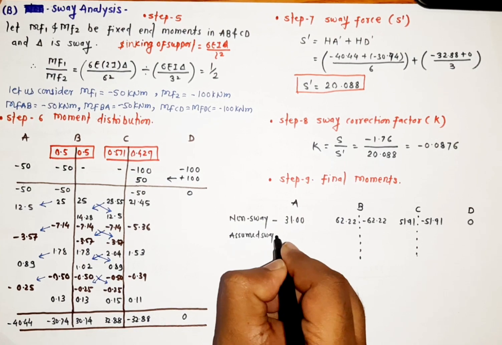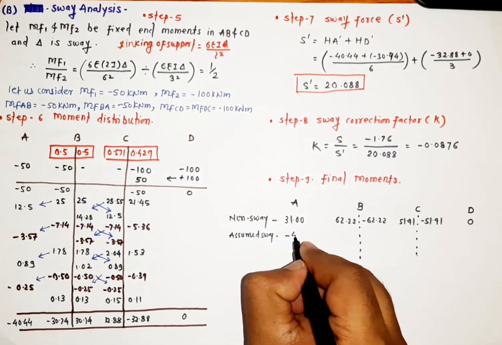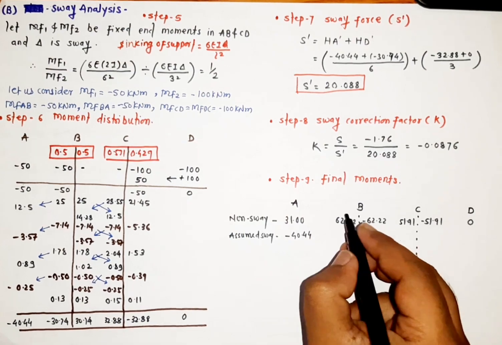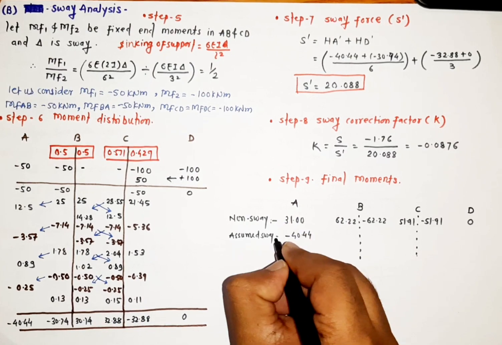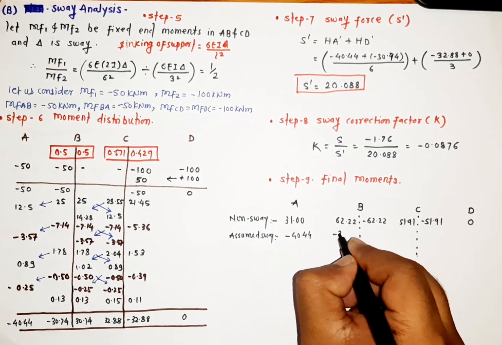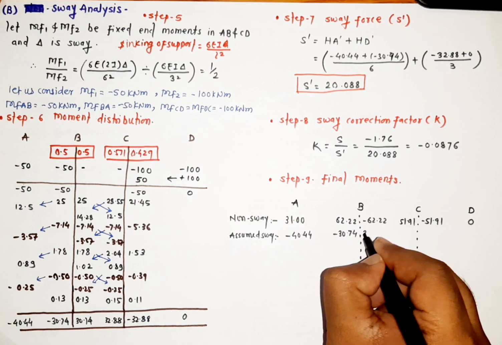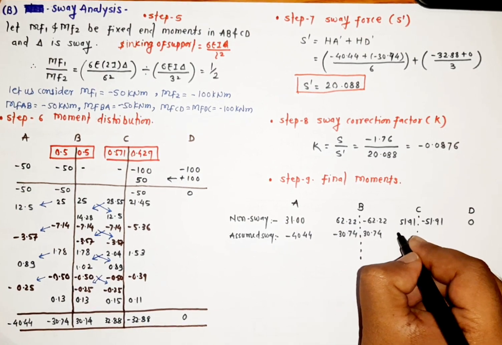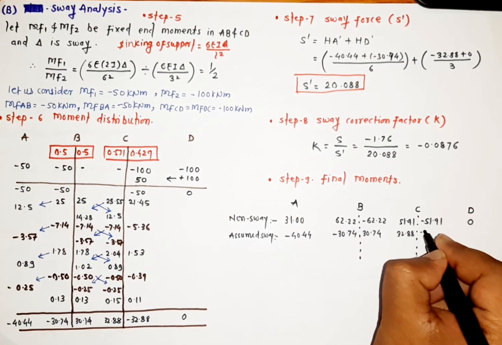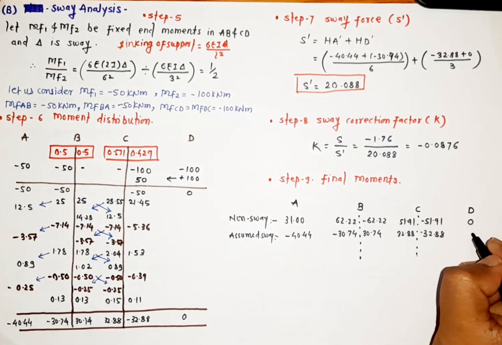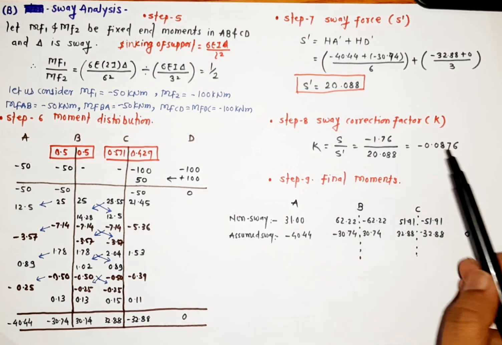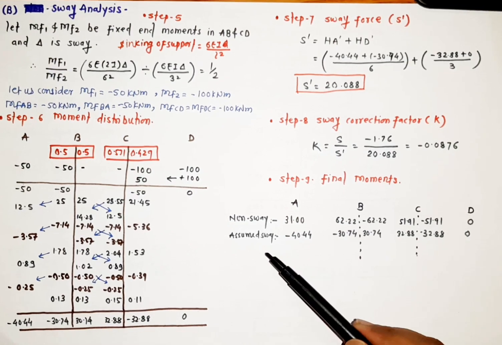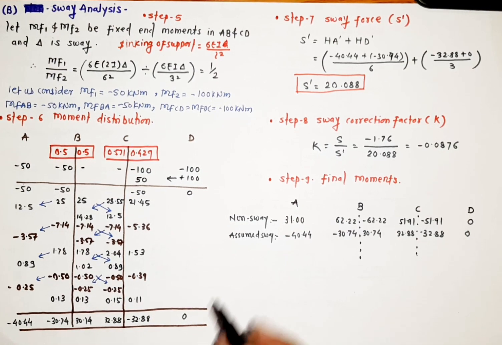We write down the same values, that is minus 40.44, minus 30.74, then 30.74, then 32.88, minus 32.88, and this is 0. Now what we have to do is multiply this assumed sway with the correction factor. So we will get the actual sway.